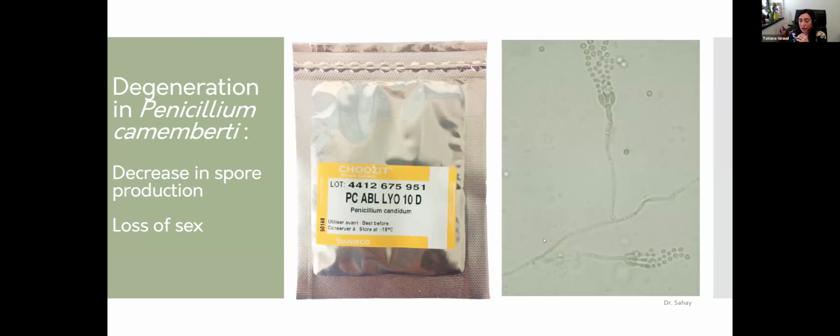And also, again, decrease in spore production and loss of fertility. So this time we really cannot induce sex in Penicillium camemberti. And even the conidia, the asexual spores that we can buy here to inoculate and make camembert, they produce less and less of these spores.